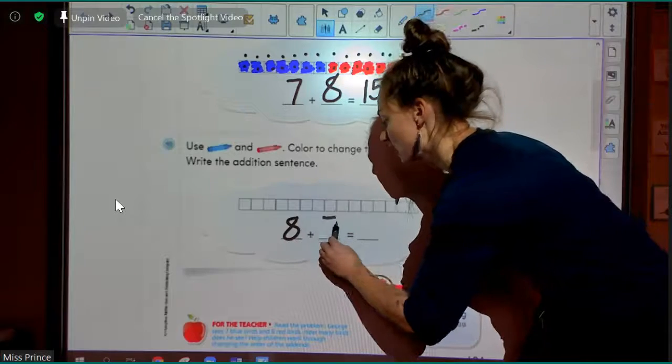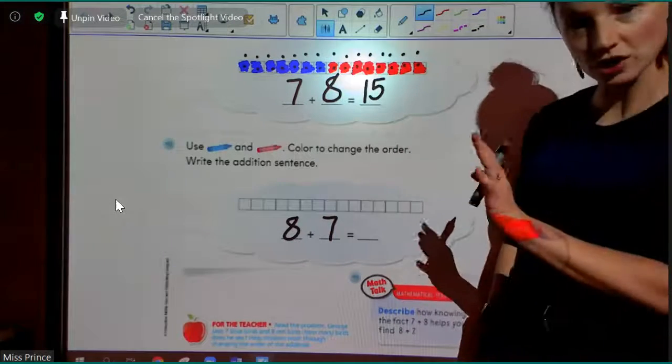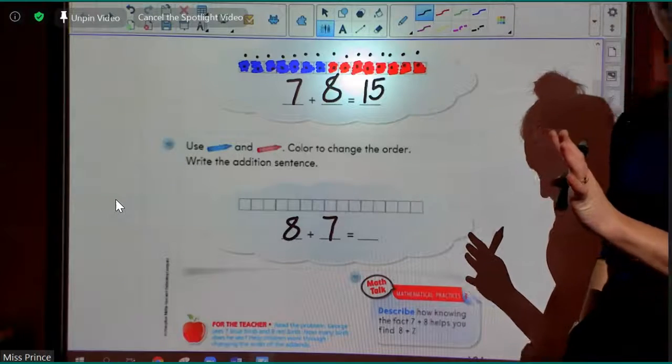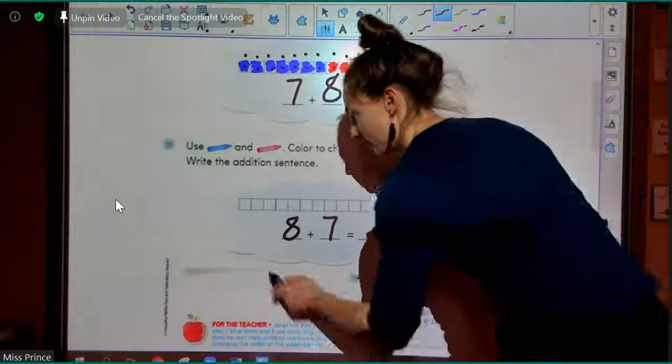7. Nice job. So when we color these in, we're going to be changing them since we're flip-flopping them. So now I'm going to put my 8 red in the front. Ready?